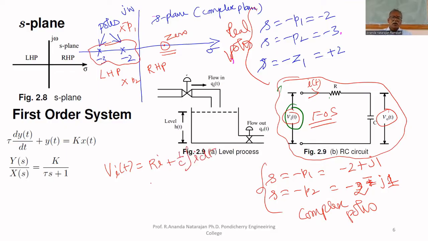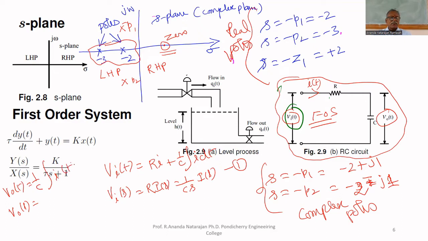If I take the Laplace transform of this, assuming zero initial conditions, what you will get is Vi of S equal to R I of S plus 1 upon CS I of S. Let this be equation 1. The output V naught of t is equal to 1 by C integral of i of t dt.